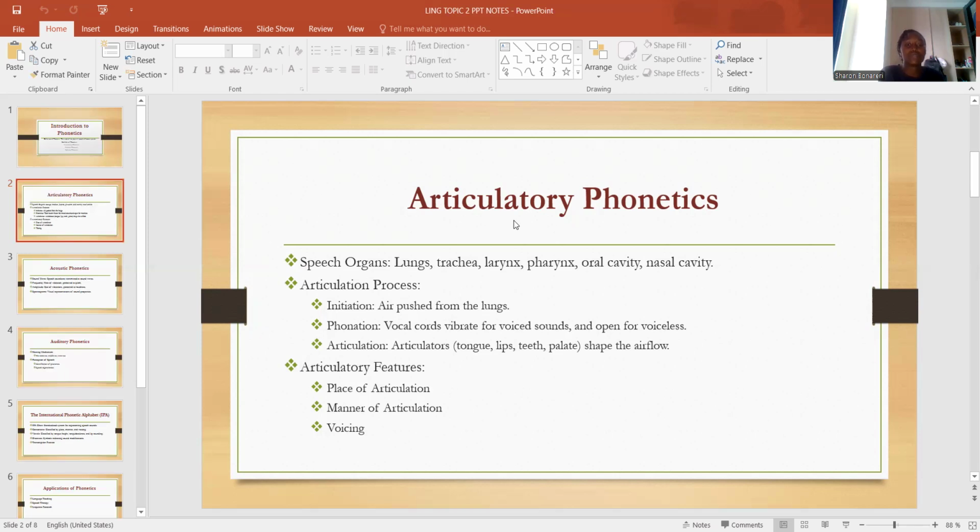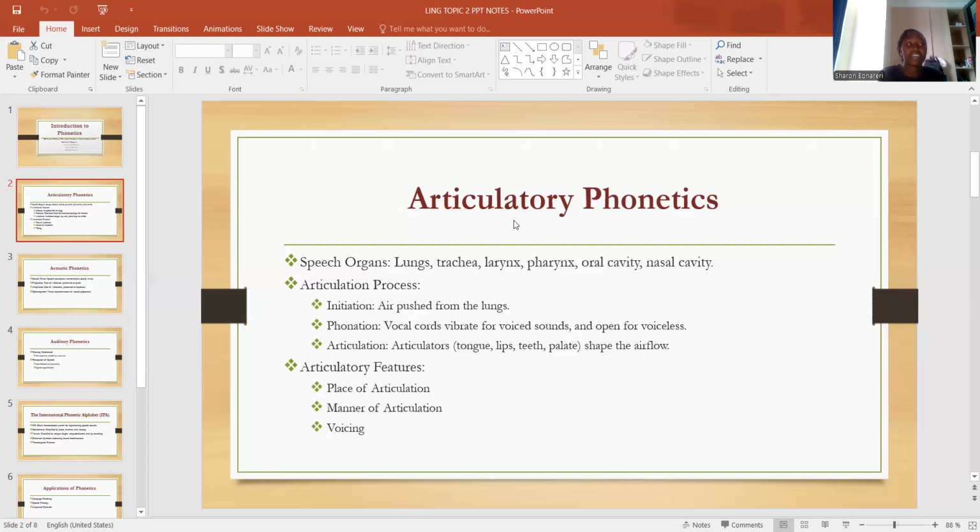For the articulation process, we start with initiation, phonation, and articulation. In initiation, air is pushed from the lungs. Then phonation: here we study the voiceless sounds and the voiced sounds, how the vocal cords vibrate.